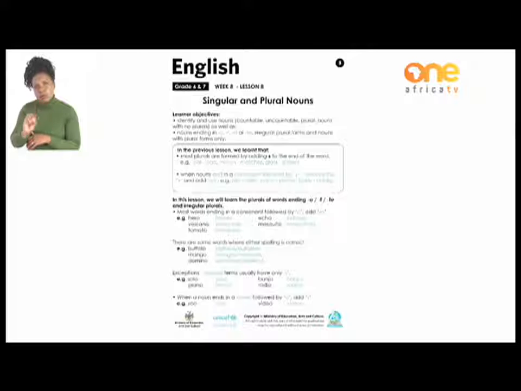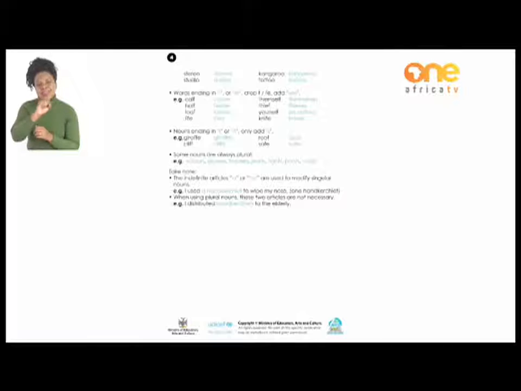When a noun ends in a vowel followed by O, we only add S. Zoo, zoos, video, videos. Stereo, stereos. Kangaroo, kangaroos. Studio, studios. Tattoo, tattoos.